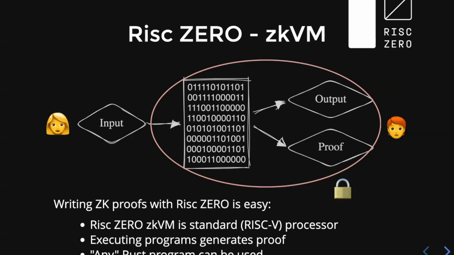You just have to create a program that runs on this processor. And since it's a standard, we can essentially use a whole lot of compilers or whatever is out there. For various reasons, our preferred language is Rust and has the most support.